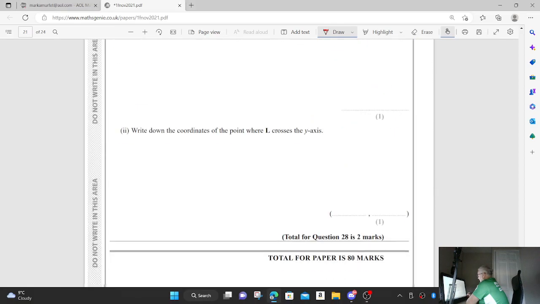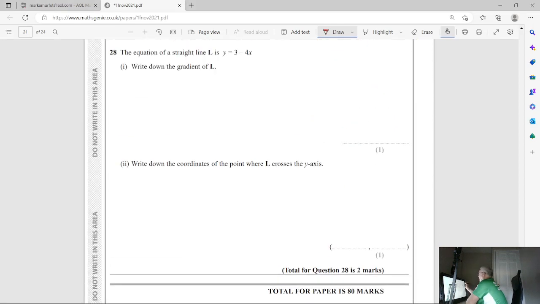Okay, question 28. This is your last question. The equation of a straight line is y equals 3 minus 4x. Write down the gradient of L. Okay, so y equals 3 minus 4x.